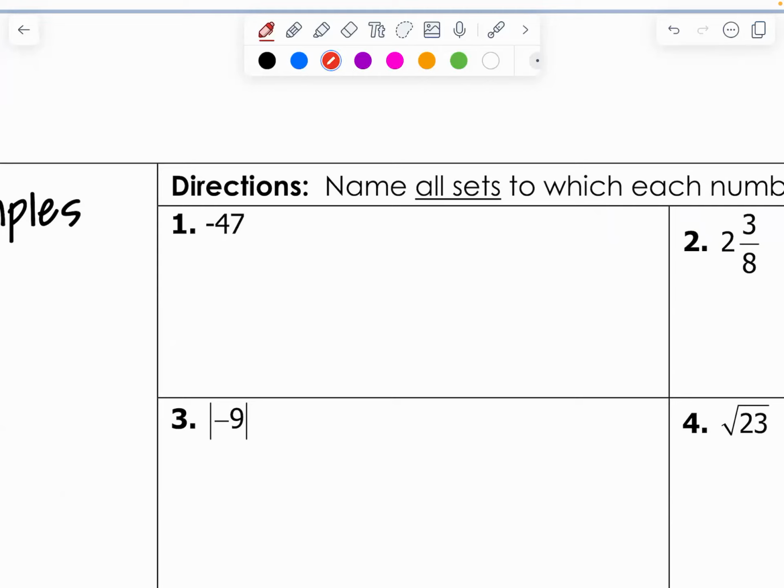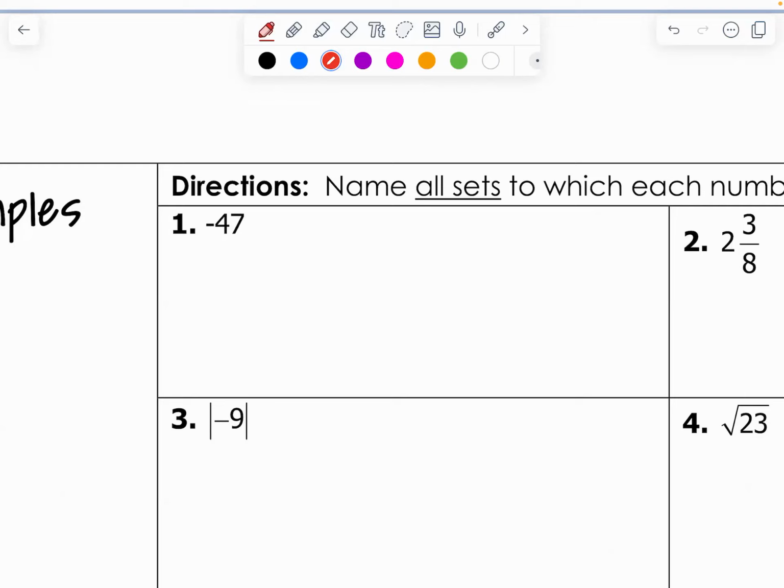So first of all, I want to know, does it live in rational or irrational? Irrational. Why? Okay, irrational would be decimals that go on forever and never repeat. Is that this? No. It's going to be somewhere in the rational category, okay? Well, -47, is that one of our counting numbers?